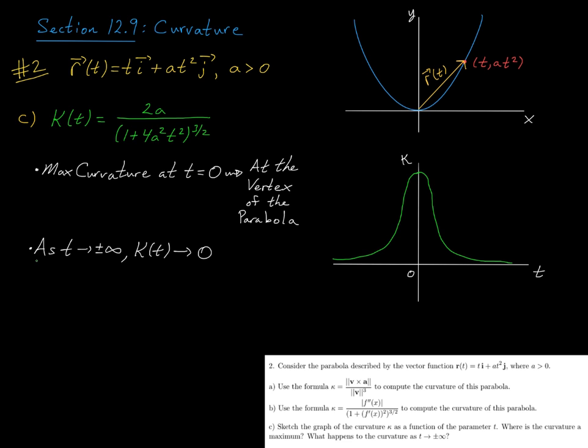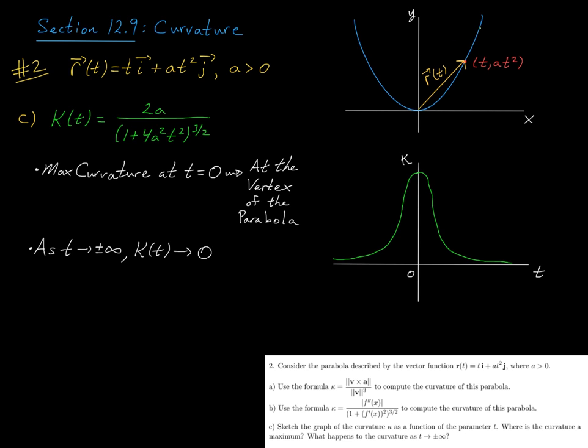Now what happens as the parameter t approaches either positive or negative infinity? You can see from this expression for the curvature that the curvature will approach 0, because the denominator is going to blow up and the numerator is just a positive constant. That also makes sense if you think about moving further along the parabola, either along the right branch or the left branch.